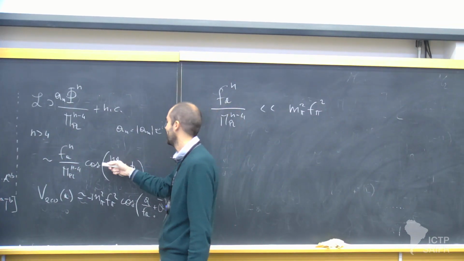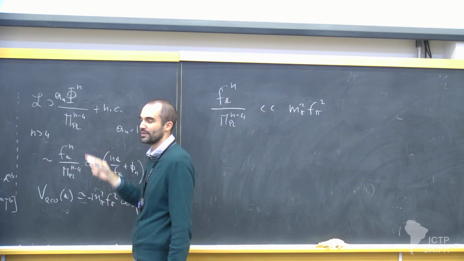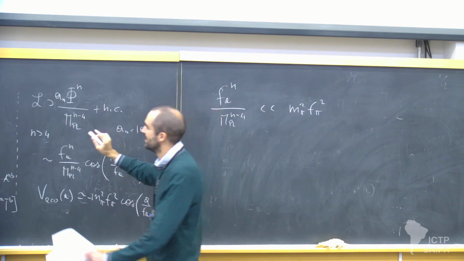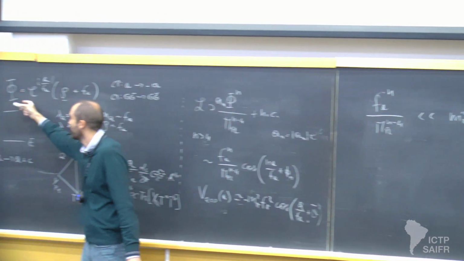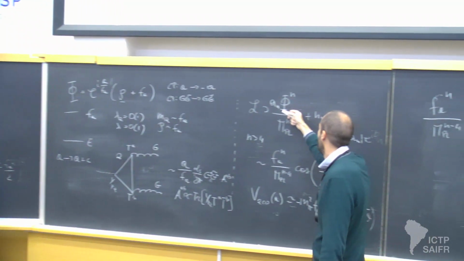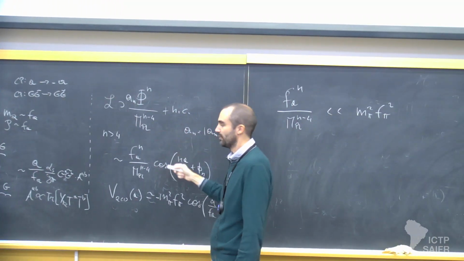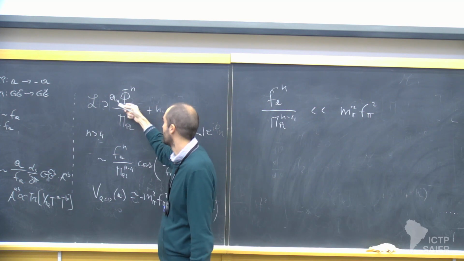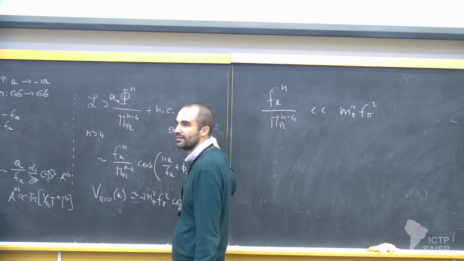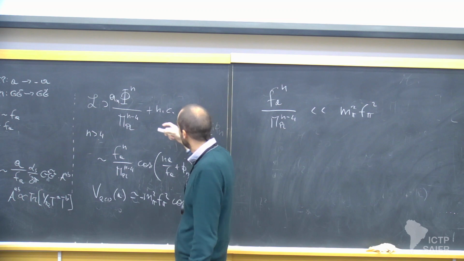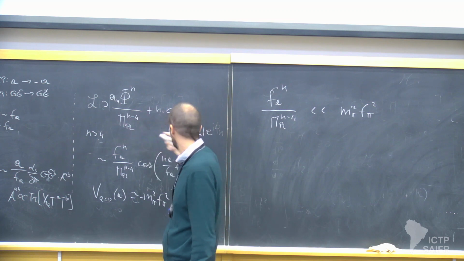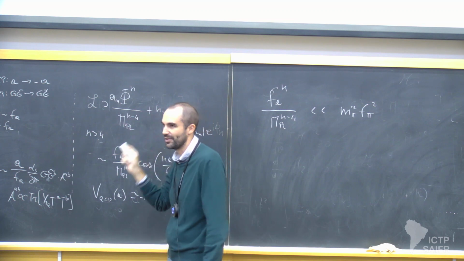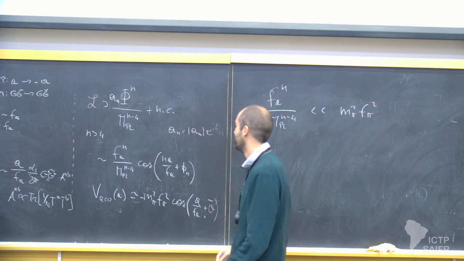And you get an n in front of the axion because it's phi to the n. But literally, I'm just plugging this expression in here, and then using the Hermitian conjugate to get a cosine. So here I'm going to have e to the i n axion plus phase, e to the minus i n axion plus phase, and here I'm going to have minus. No problem.